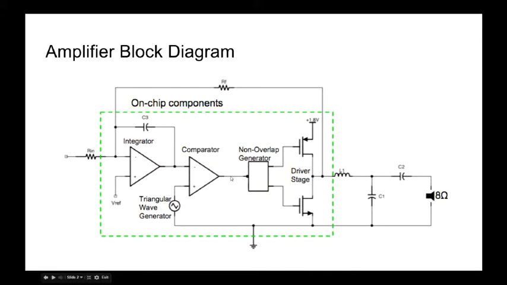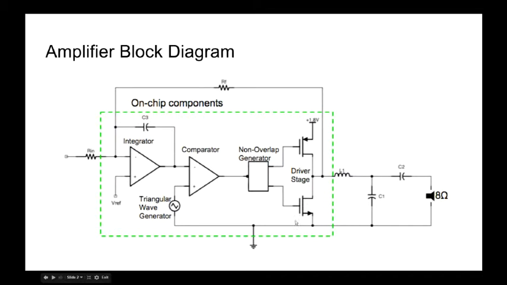The PWM signal is then injected into the non-overlap generator, which generates a delay between the two signals going to the NMOS and the PMOS of the driver stage. The purpose of the non-overlap generator is to make sure that we don't have inrush current, in other words, making sure that the NMOS and the PMOS are not on at the same time.